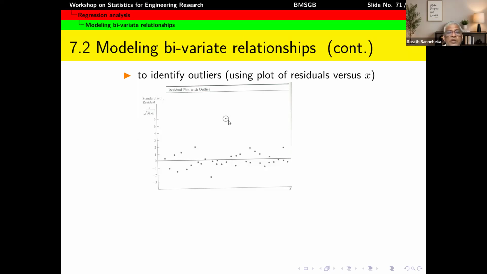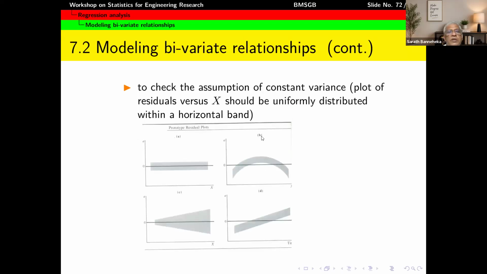Right? But now here you can see that there's a residual with a large size, a standardized residual of 6, right? So what I mentioned about this +3, -3, and +2, -2 will apply for standardized or studentized residuals, right? So that's why you are using them, because there is a criterion that you can apply to check whether the residuals are indicating outliers or not if you use standardized or studentized residuals, right?